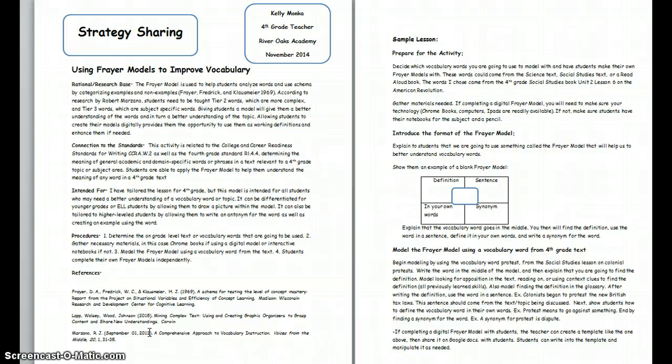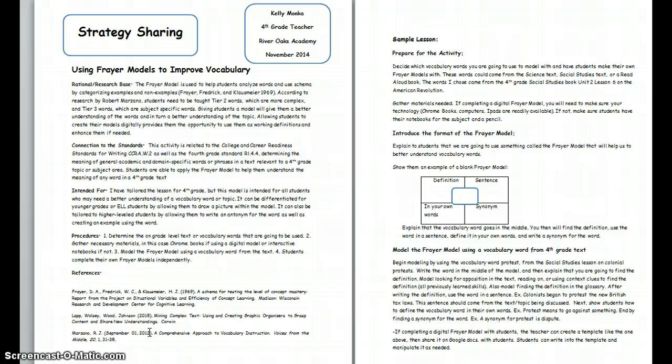If not, you can still easily have them draw them in their notebooks. But with a digital model, one thing you can do is create a template and save it in Google Docs and share it with the students. That way the students can go in and change things if they need to and add to each of their Frayer models.